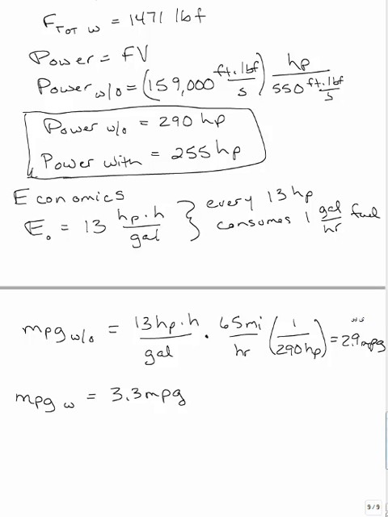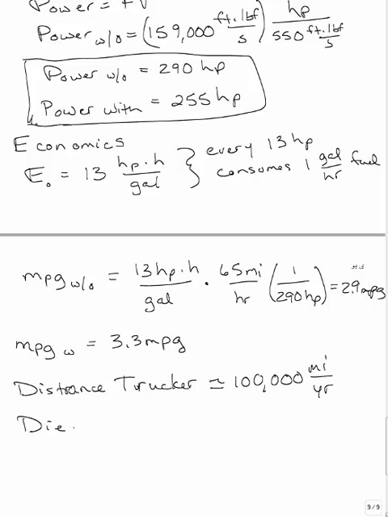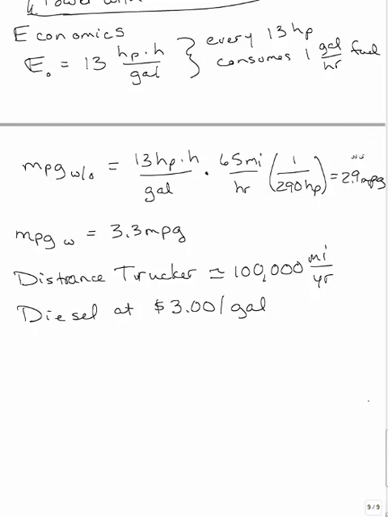What we really need to do is figure out cost then. So let's say we got a long haul trucker, distance trucker, and they can go 100,000 miles a year approximately. Okay, and I said diesel was $3 a gallon. It's probably less than that at the moment, but it goes up and down, as you know. So the less expensive, the less difference this is going to make.